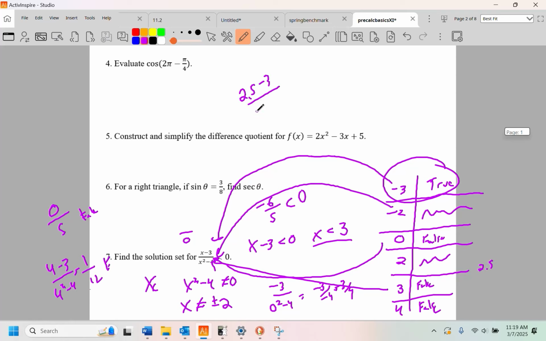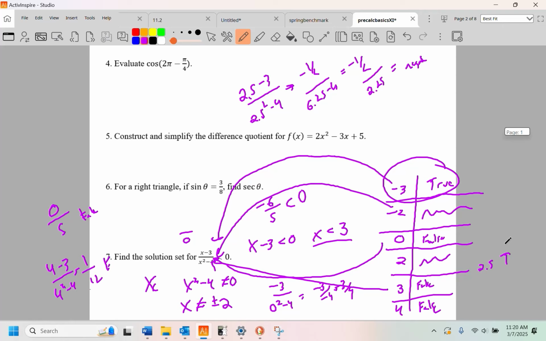2.5 minus 3 over 2.5 squared minus 4 is going to be negative 1/2 over 6.25 minus 4. So negative 1/2 over 2.25. And this is definitely going to be negative. So this would have been true. I knew there had to be something going on here.